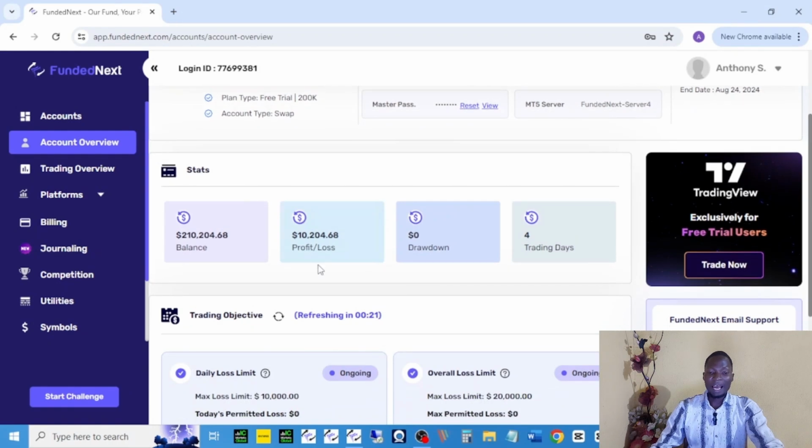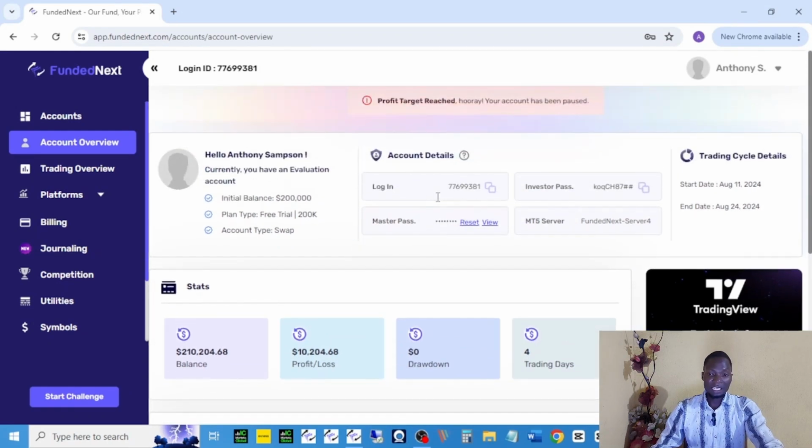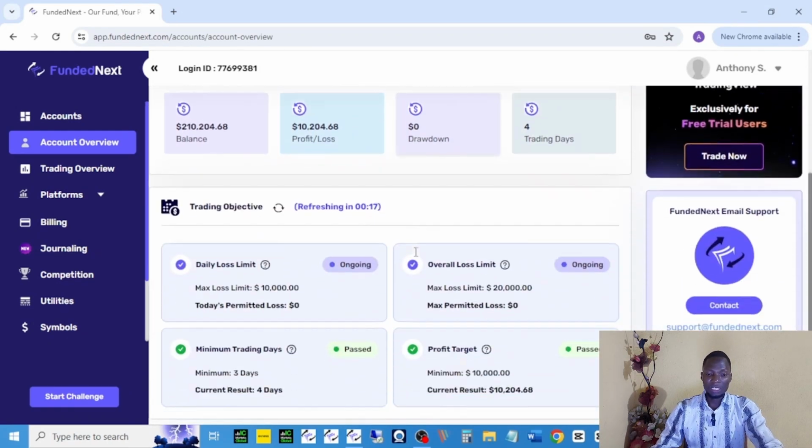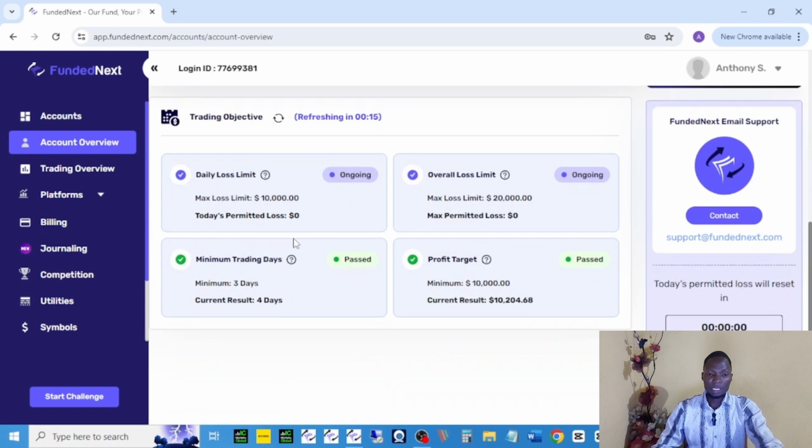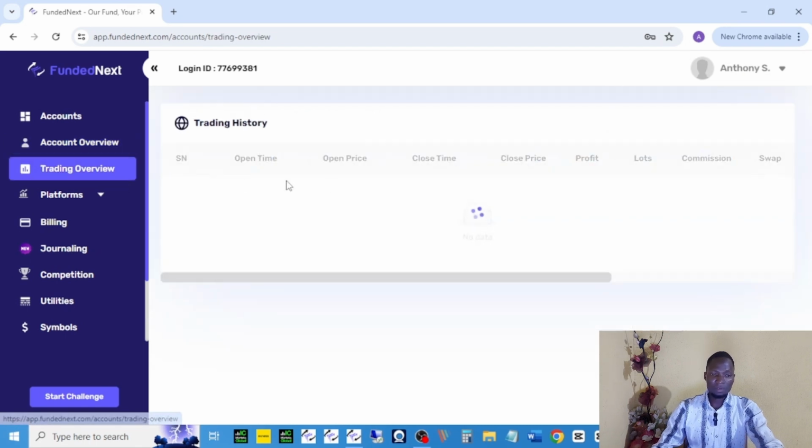But since they have paused my account, I have no option. But I have reached the target within 4 trading days. Now let's take a look. As you can see, this is the minimum trading day I'm given. And this is the profit target. So let's take a look at the trading overview here.